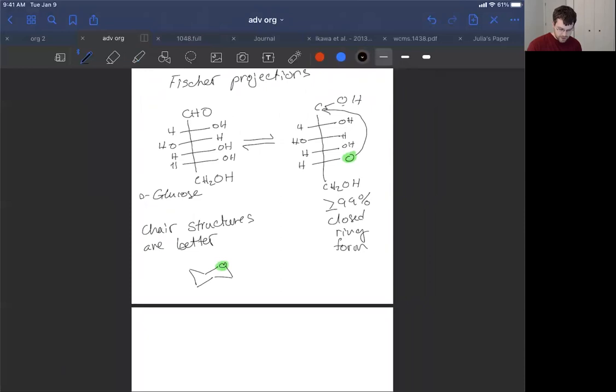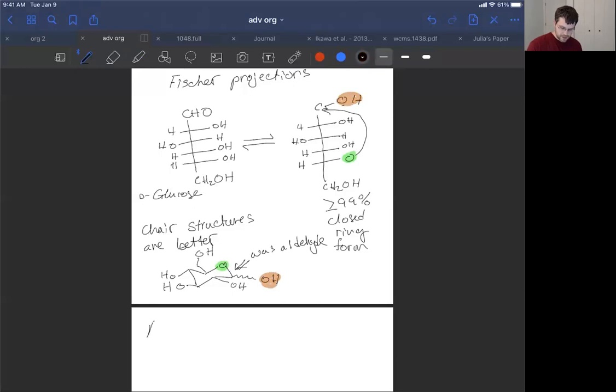The great thing about glucose is all of these substituents are equatorial, except for, and I'm going to show it as a wedge right now, that substituent that was once an aldehyde. I'm going to show that as an OH. Now I'm going to match that OH with this OH here.